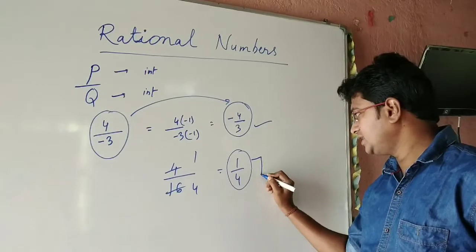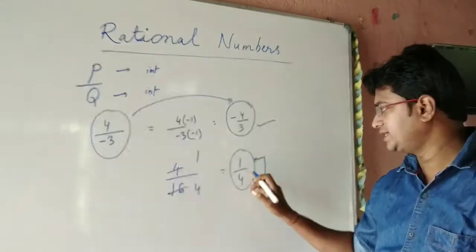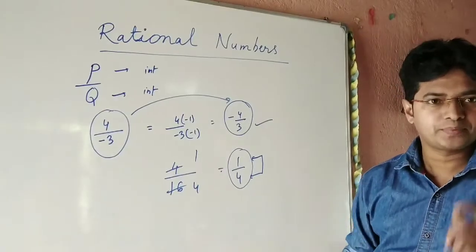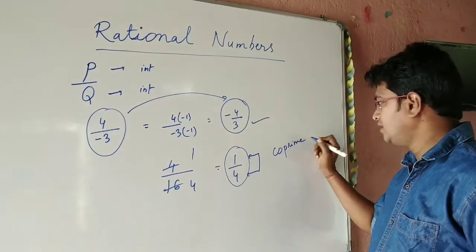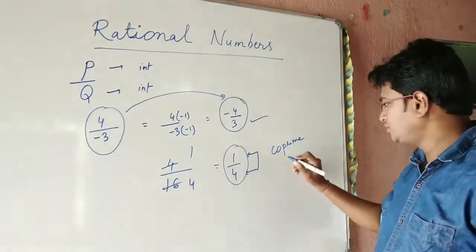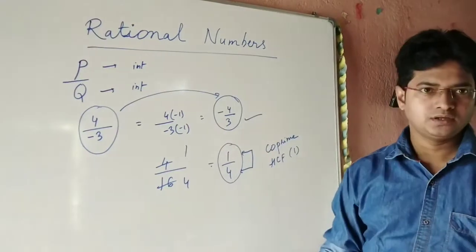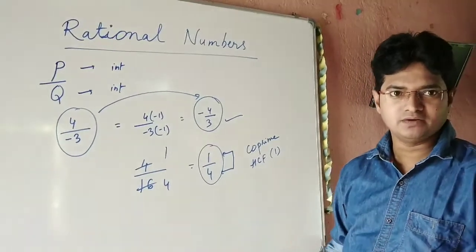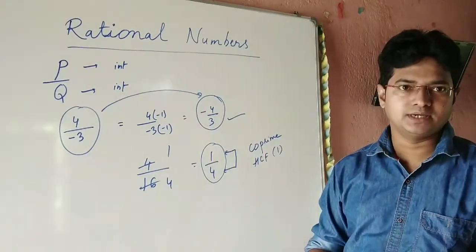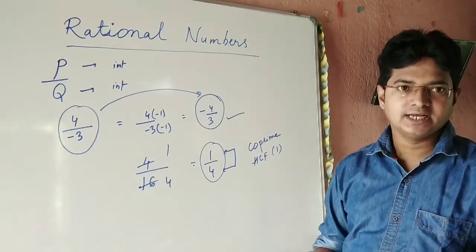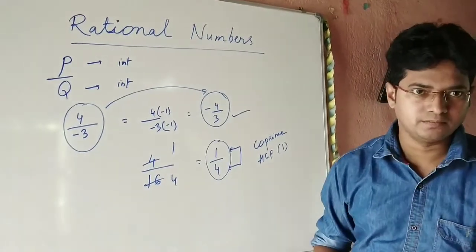We are reducing it because if we take out the HCF of numerator and denominator, it should be co-prime, meaning the HCF should be 1. You will not get any number other than 1. Then only we can say it is the reduced rational number. Generally this is the norm that a rational number should always be expressed in simplest form.